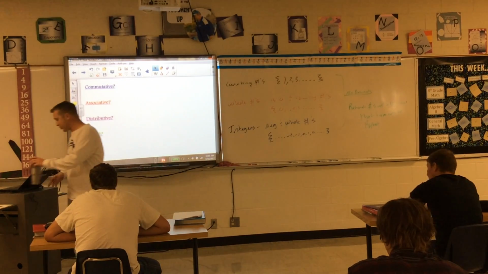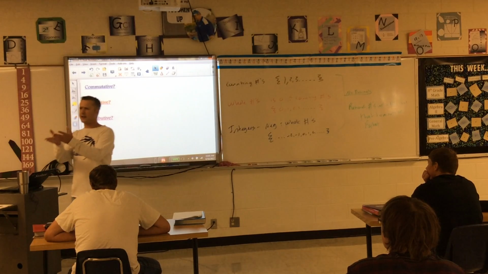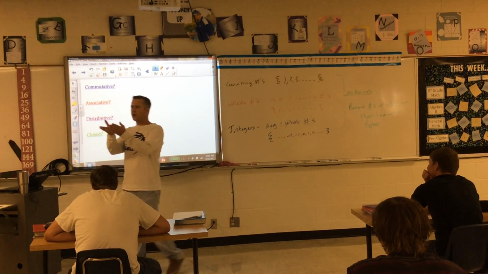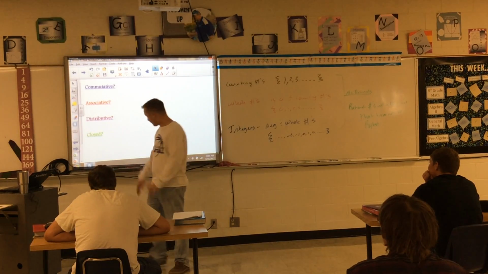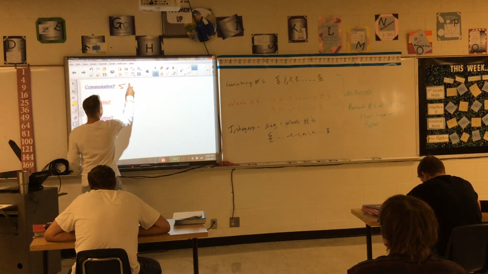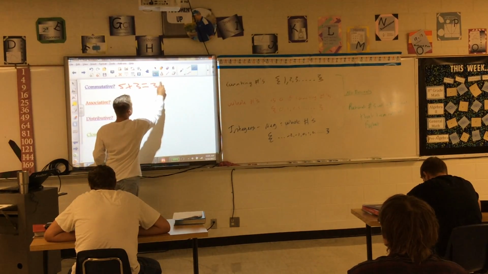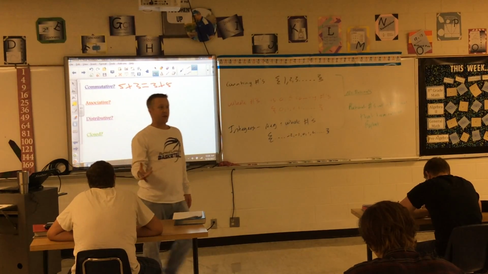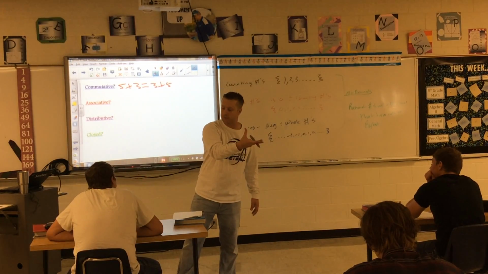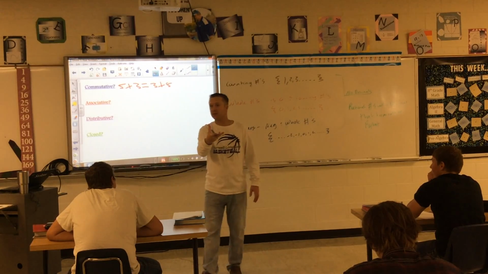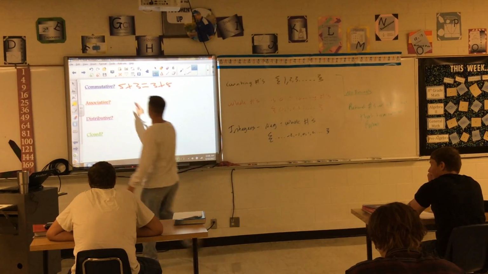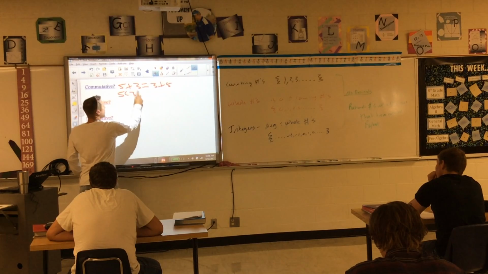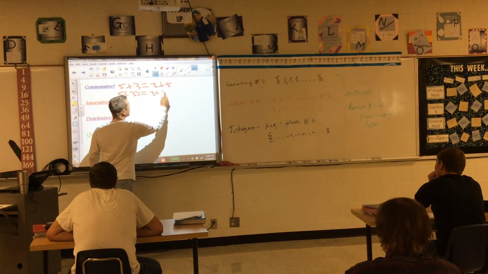Switch, so I can switch what around? Can you give me an example? Like 5 plus 3. So 5 plus 3 equals 3 plus 5. Yeah. It says I could add things in any order. Okay? Or I could what? Multiply. I could do 5 times 3 is equal to 3 times 5.